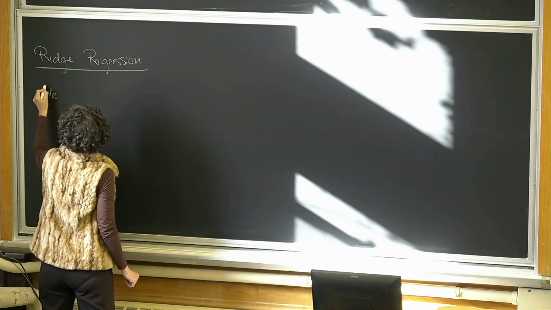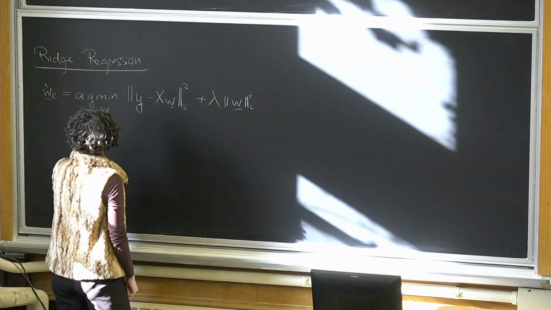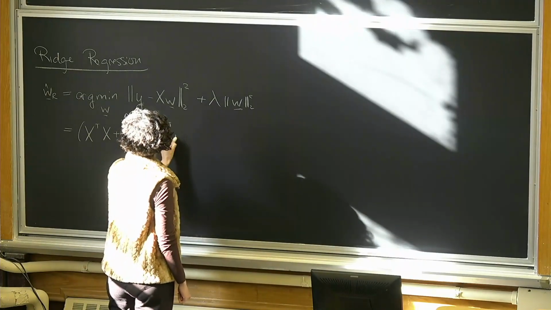We said that the ridge regression set of weights that we would use would correspond to minimizing over all possible weight vectors the sum of the squared error between our predictions and our observed training labels plus some parameter lambda times the 2 norm, or the sum of the squared weights of W. And we also said that we could write the solution to this optimization problem as being X transpose X plus lambda times identity inverse, X transpose times y.